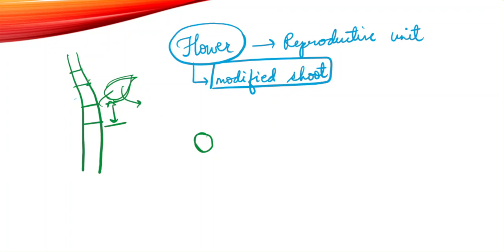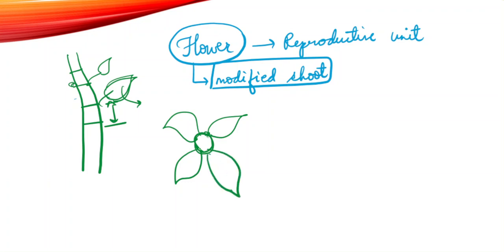So if you can see this flower, the leaves of the flower are something known as petals. Petals are very close to each other. If you can see the nodes, this is one node, this is second node.